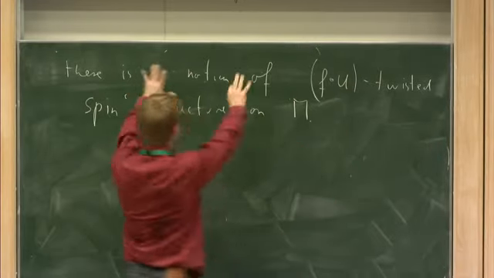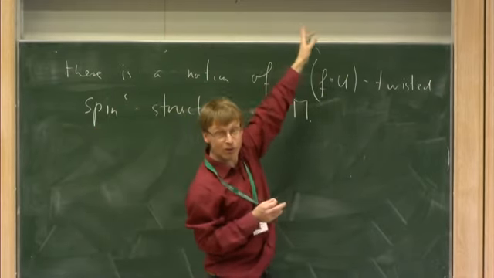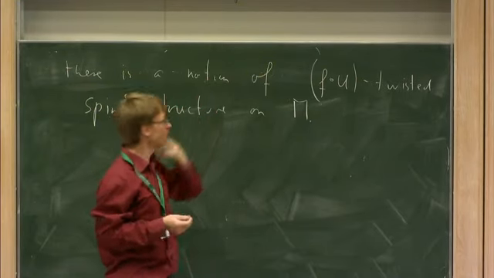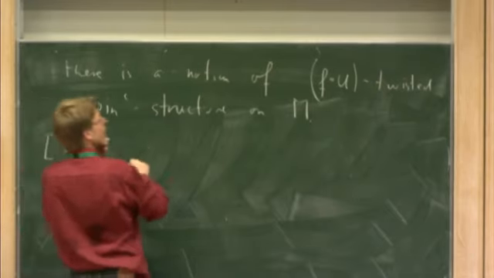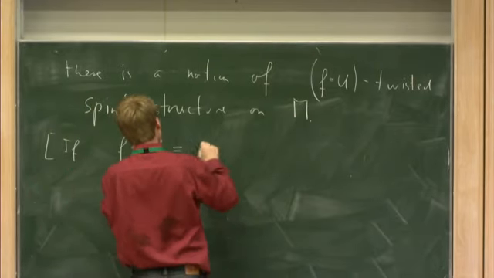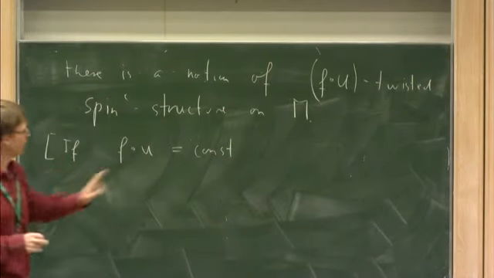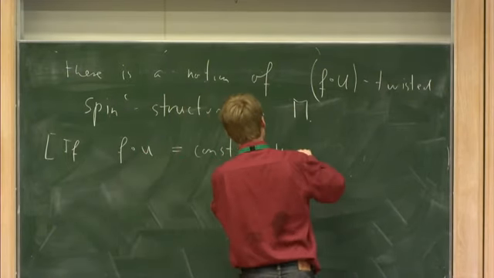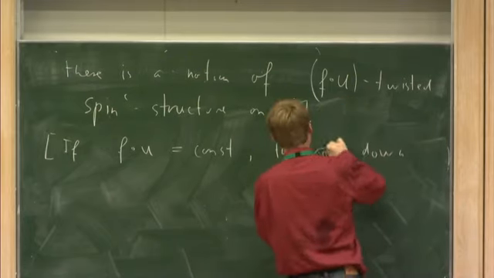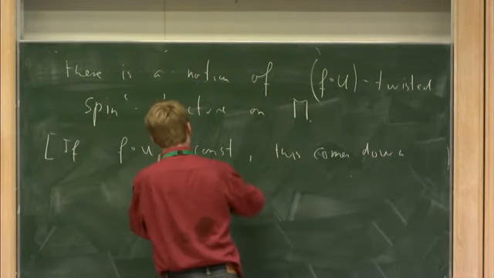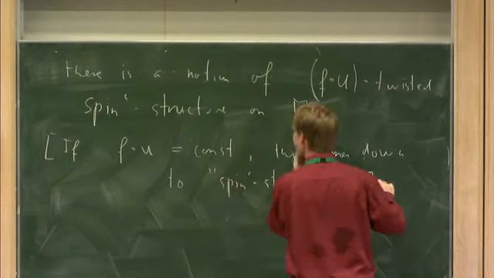So there is a geometric way to define twisted spin C structures once you have a fixed model for the space BPU of H and a fixed map to it. Let me clarify: if F composed with U is a constant map, and we talked about choosing a base point before, just a constant map with value this base point, this comes down precisely to spin C structure on T n.